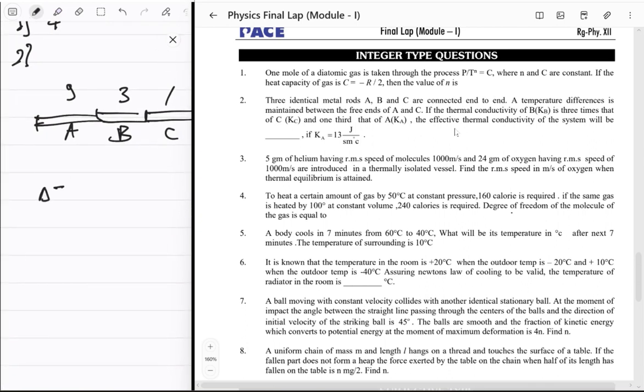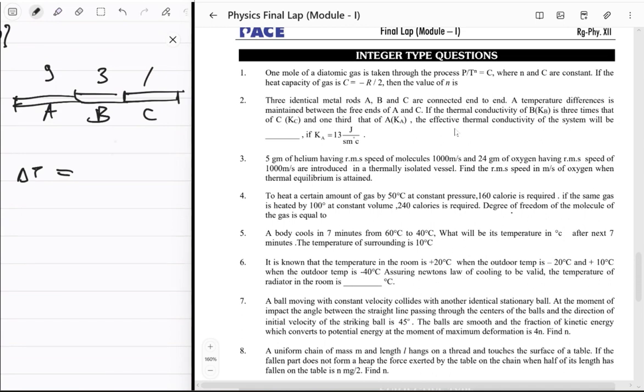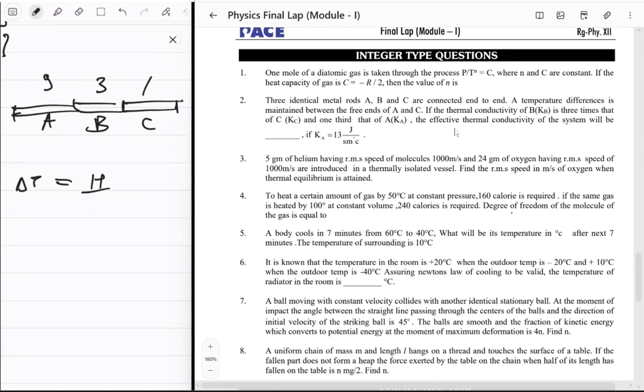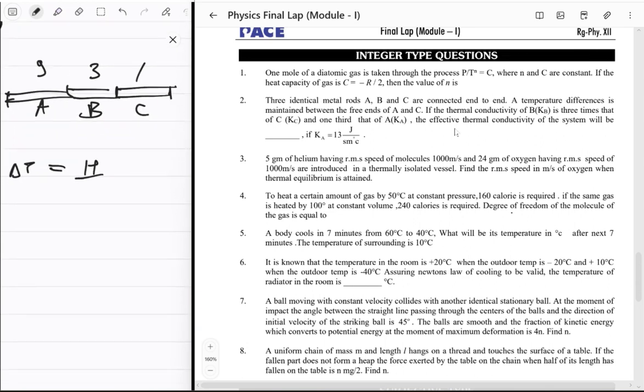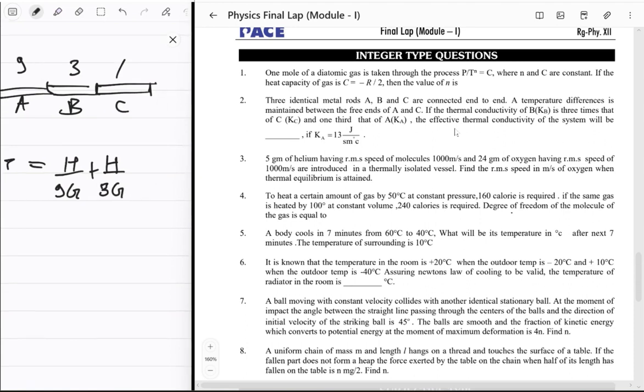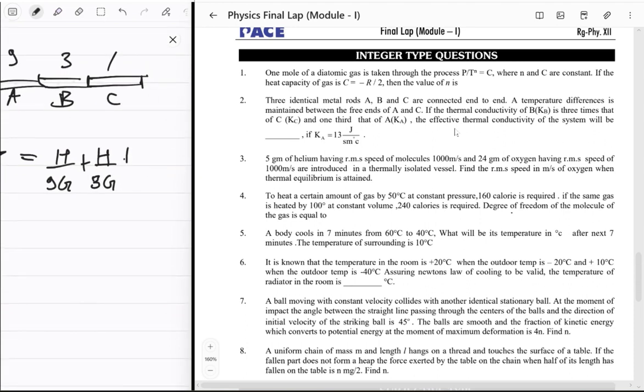Okay, delta T is just equal to the heat flow upon the conductance, which we call K, of C, right? Call it G, whatever it is. So for A it will just be 9G, and then H upon 3G, right? So delta T of A, delta T of B, delta T of C upon just 1G.